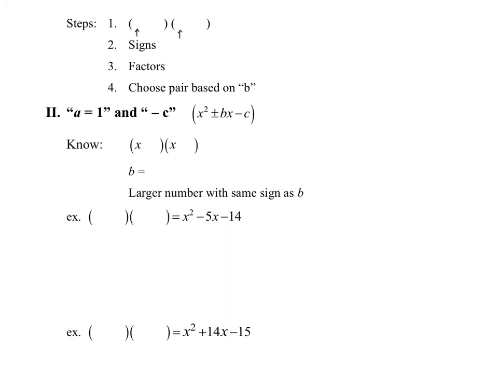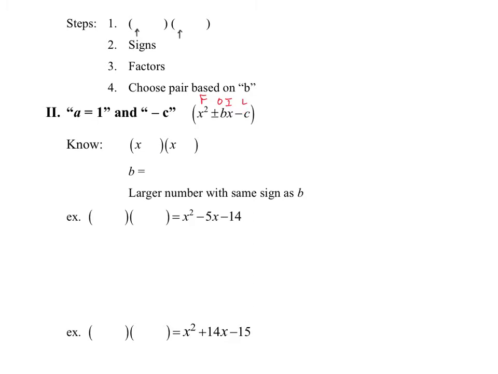Now before we go and try our first example, let's see what these all have in common. If we have an x squared, we know we're going to have an x and an x there. Second, we have this negative c, and that comes from multiplying the last and the last. Maybe I should quickly write those in: we have F, O, I, and L. So that comes from multiplying the last and the last.